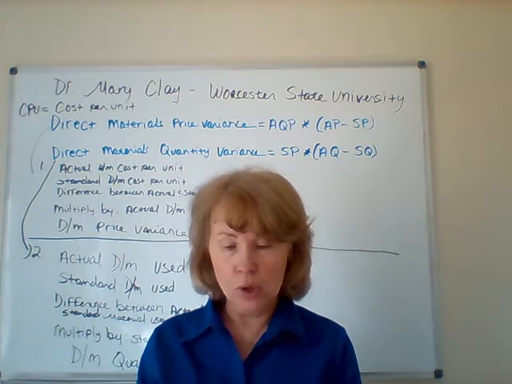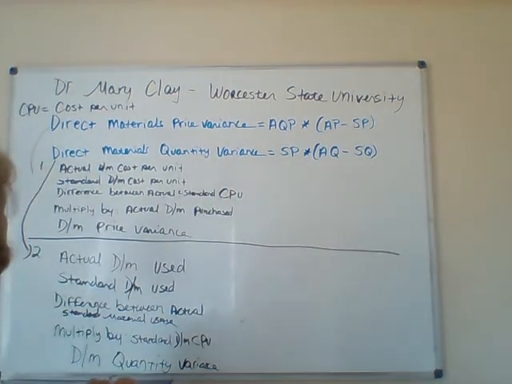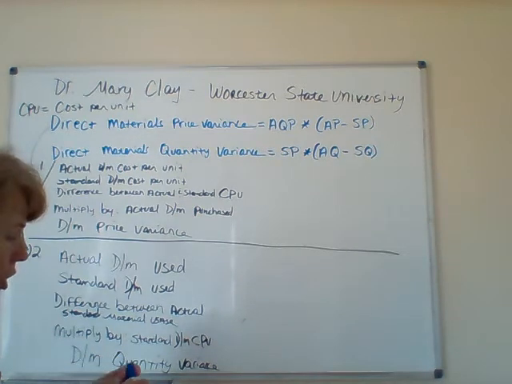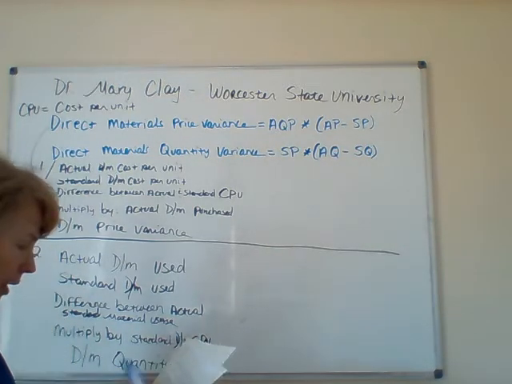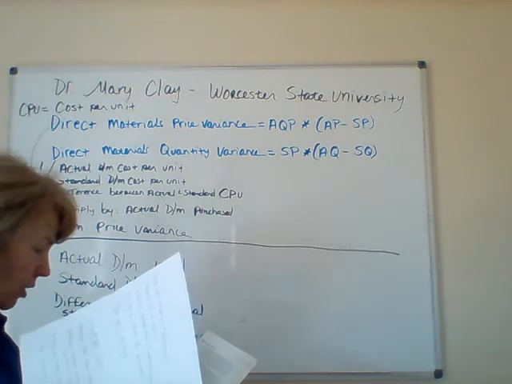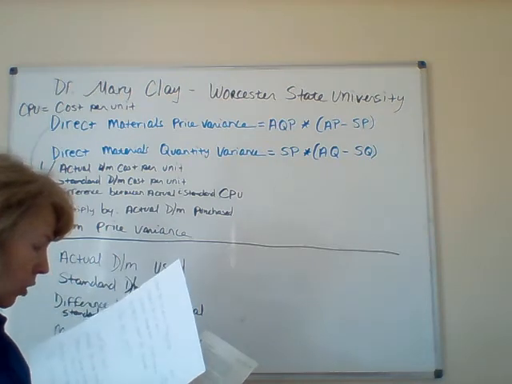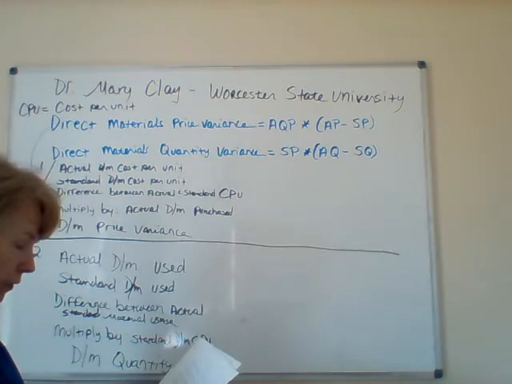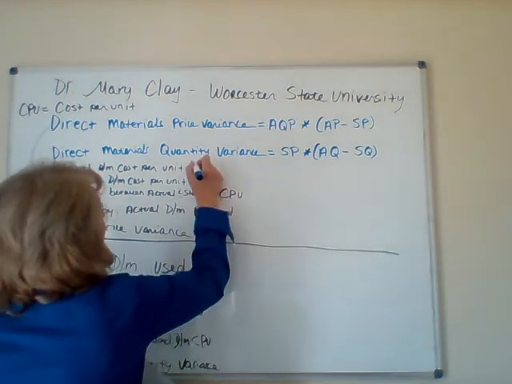What we're first about to figure out is the actual direct materials cost per unit. So we have to do some computations. The total cost was $43,500.